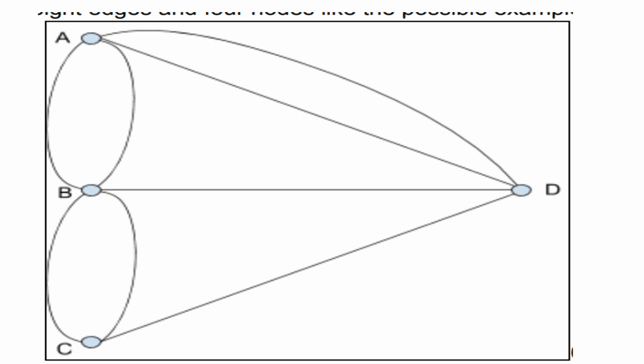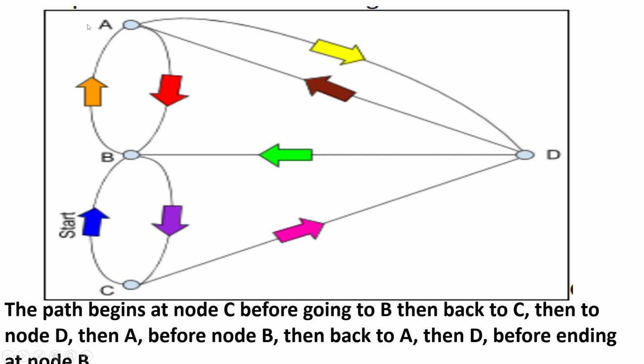To solve that, a mathematician added one more edge connecting A and D. With this, we see whether we can reach all the points.